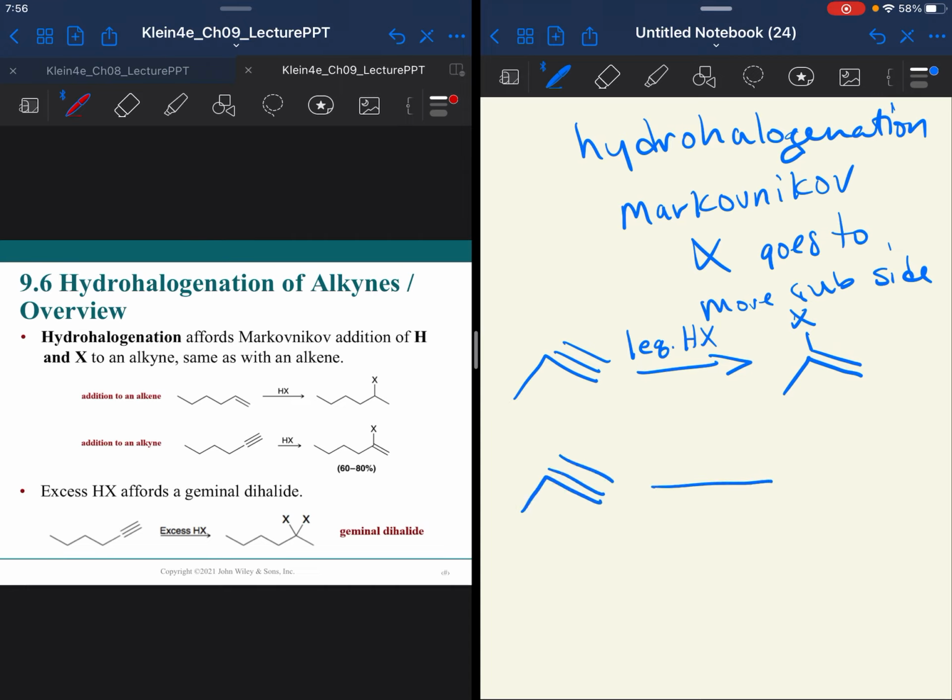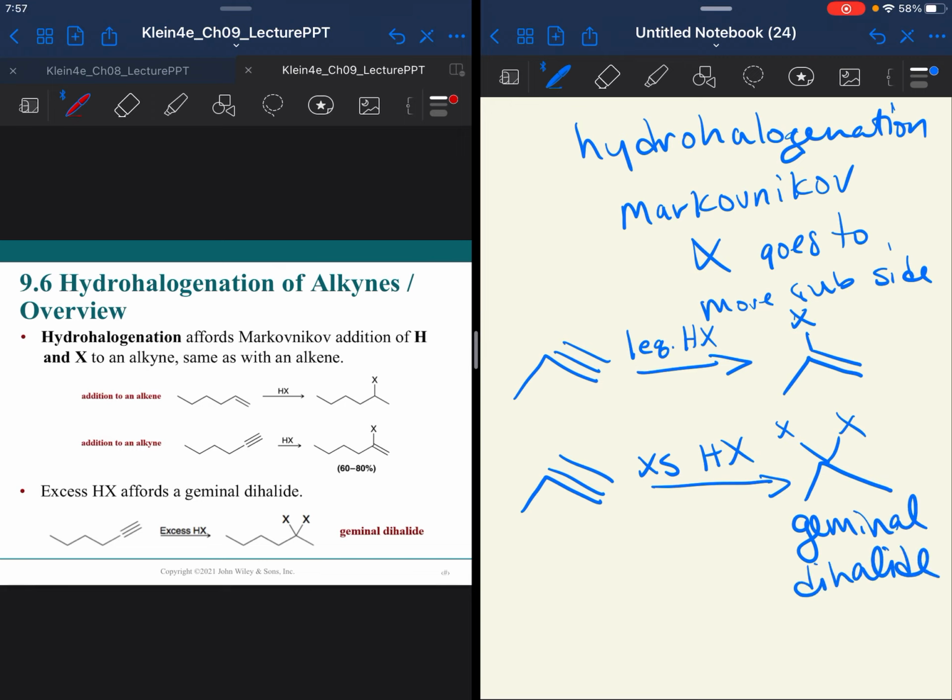If you use any more than one equivalent, so you could either see two equivalents or you might see excess HX, just meaning you have more than you need, it's going to add twice. And both times the X is going to go to the more substituted side. So this is a way to make a geminal dihalide.